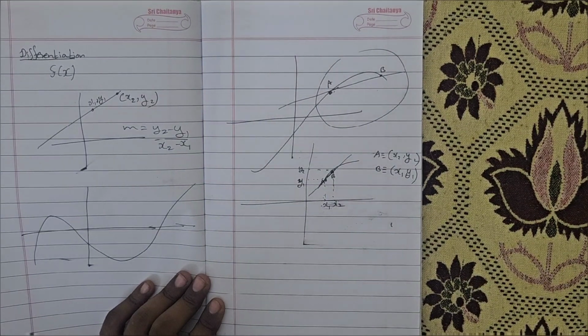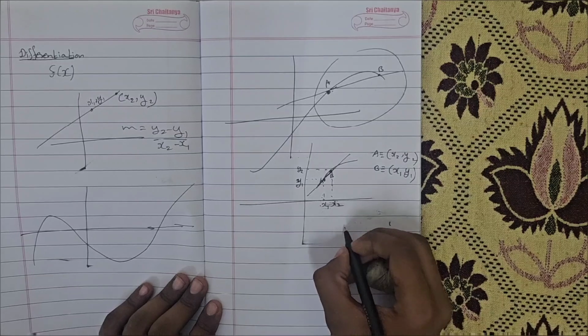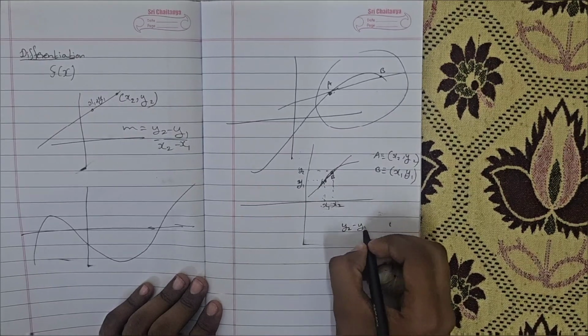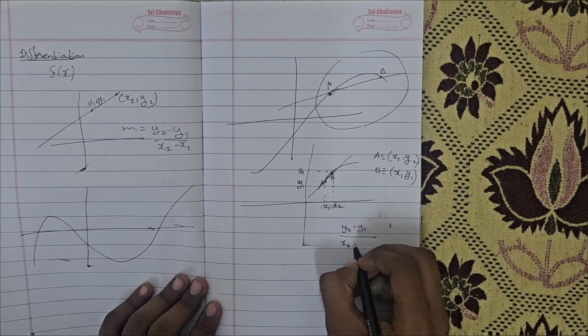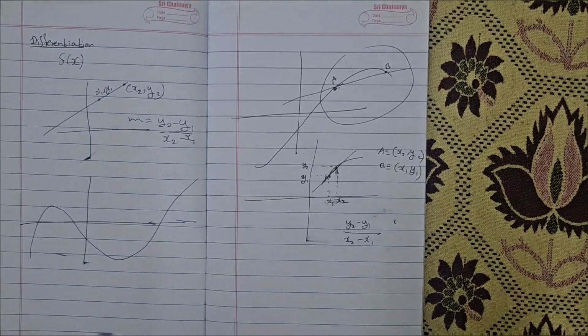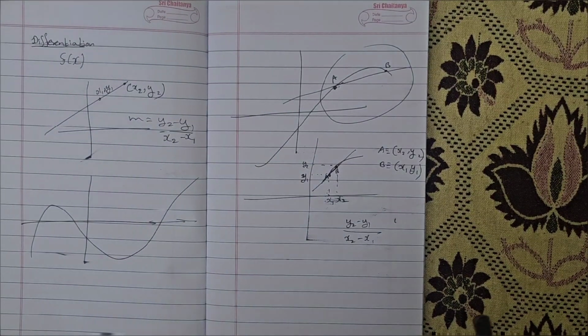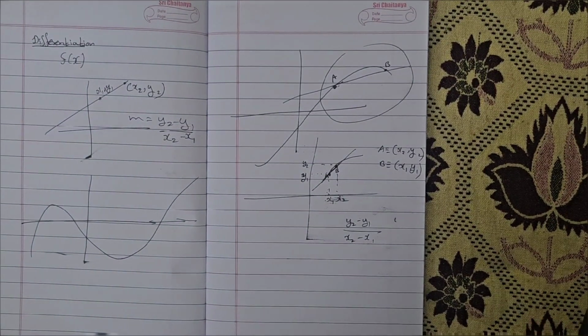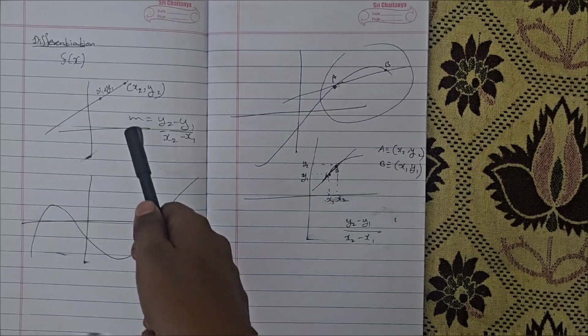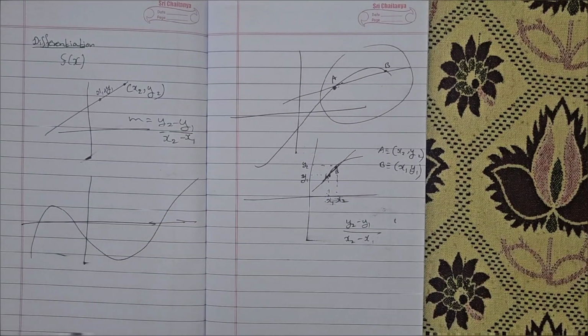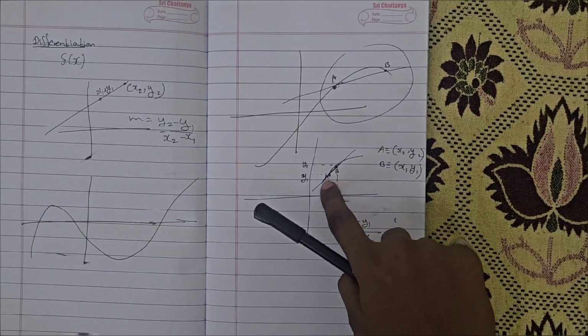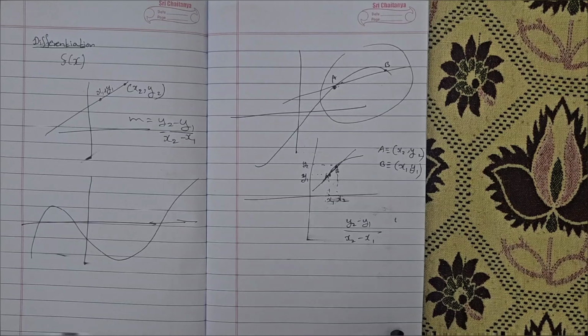Now what is the slope we get right here? y2 minus y1 divided by x2 minus x1. This is the formula to find the slope which I wrote here, but it's still not intersecting at the exact curve.